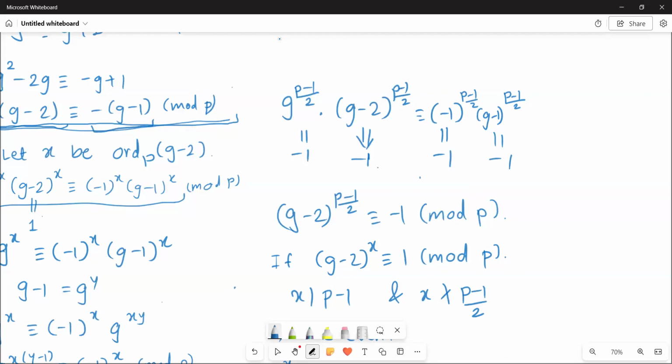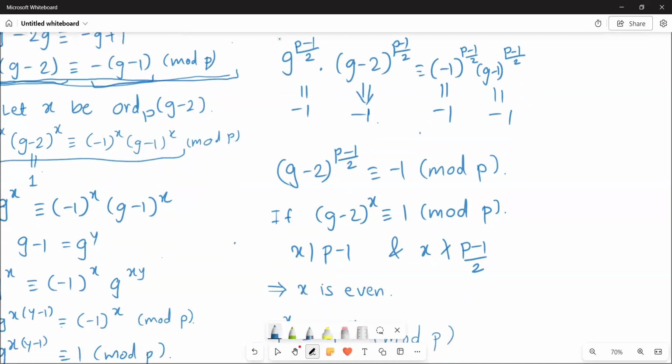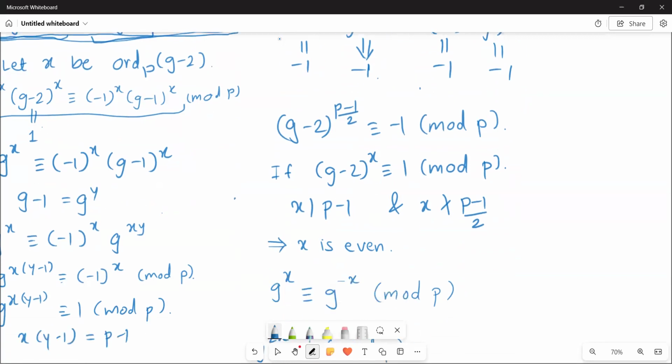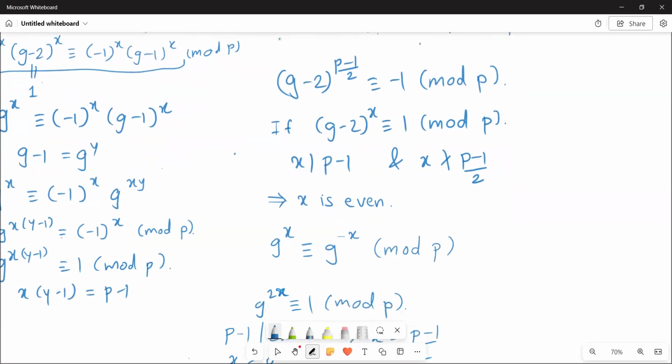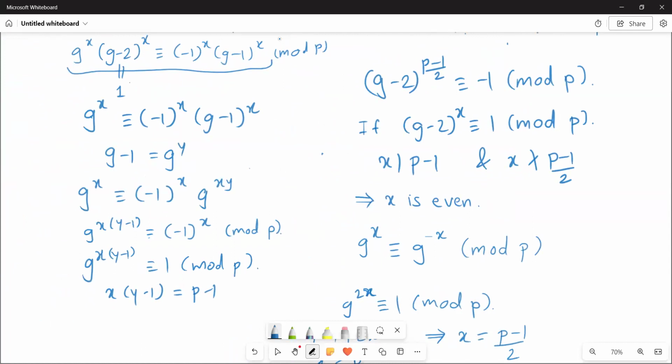Now, if g minus 2 to the power x is congruent to 1 mod p, then we know x must divide p minus 1 and x can't divide p minus 1 by 2. So the only possibility is that x is even. If x was odd, then this can't happen. And now since x is even, from here we can say g to the power x to the power y minus 1 is congruent to 1 mod p.